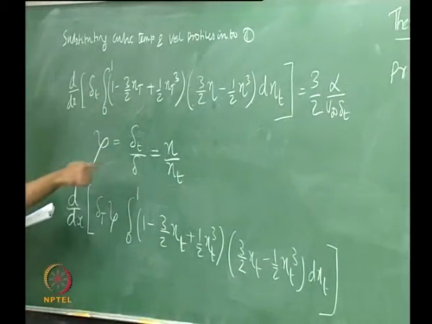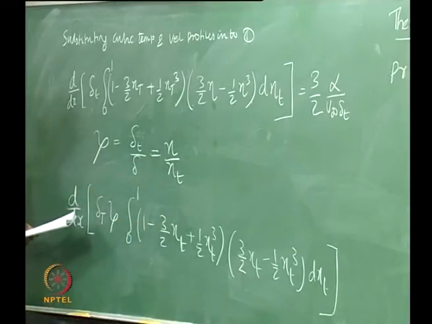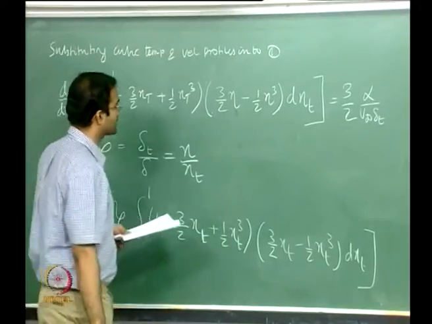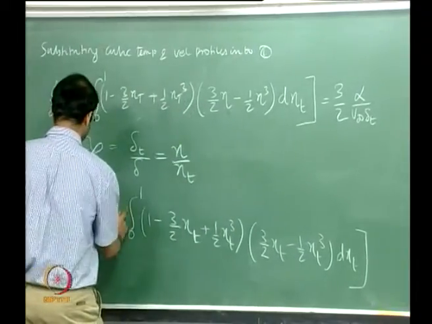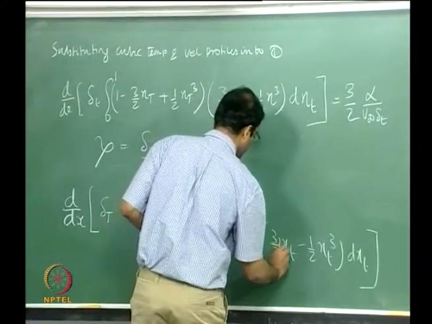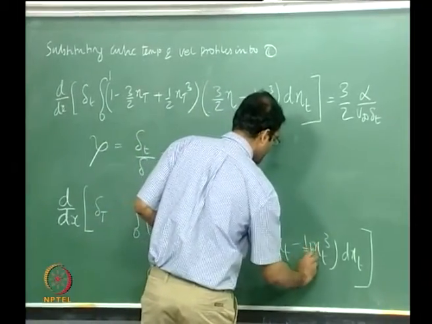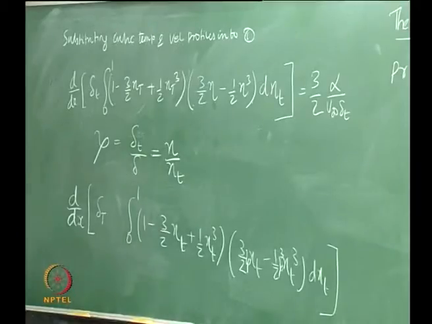I am just substituting eta as zeta into eta t. So this should actually be zeta cube here, okay. I just skipped one more step.